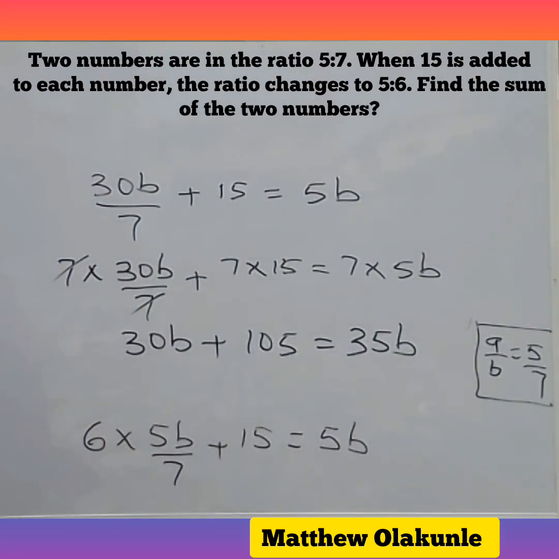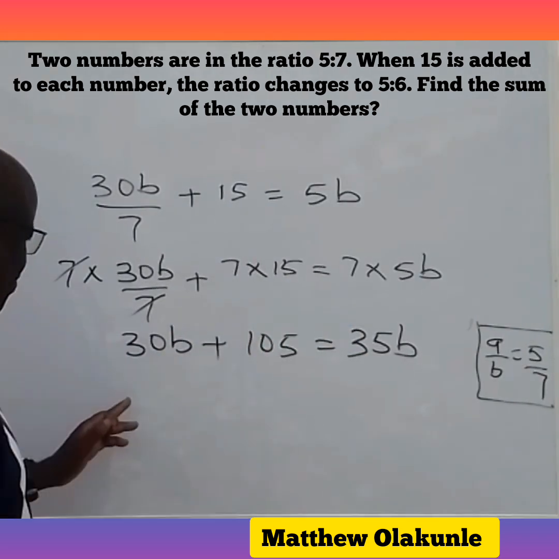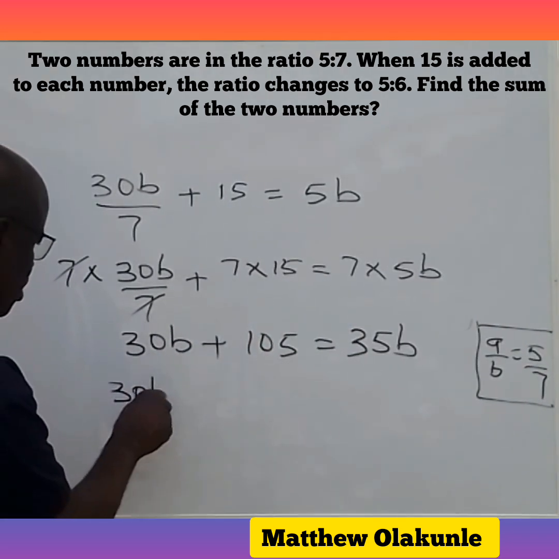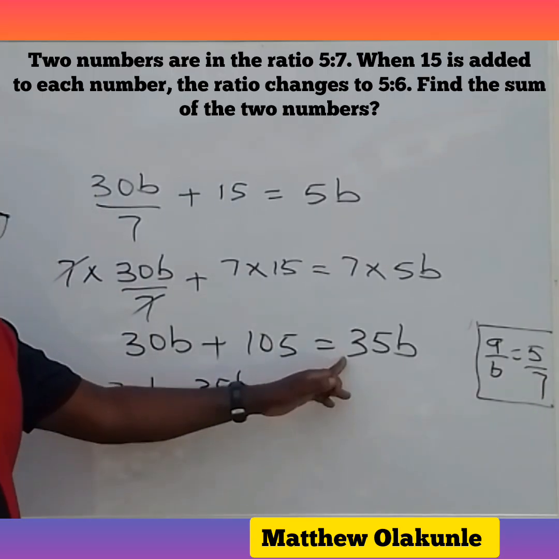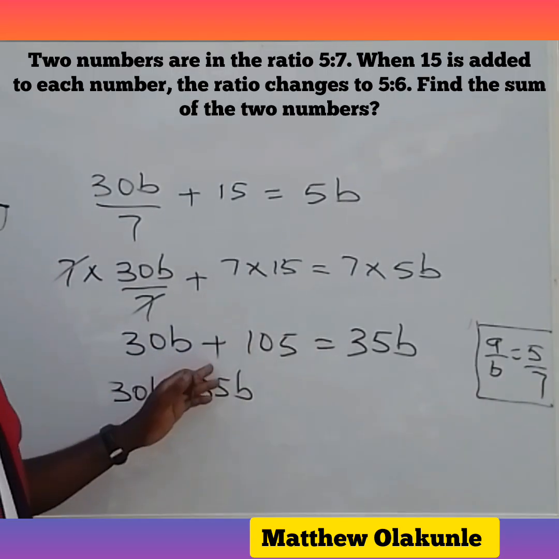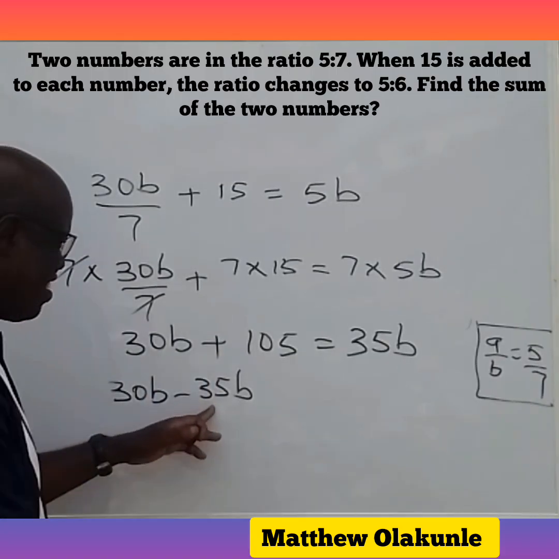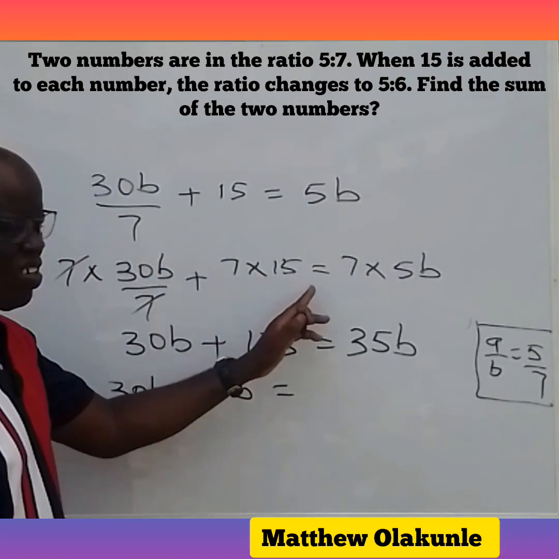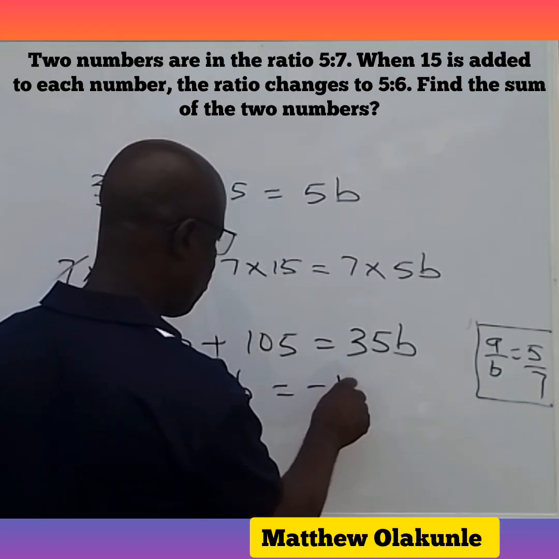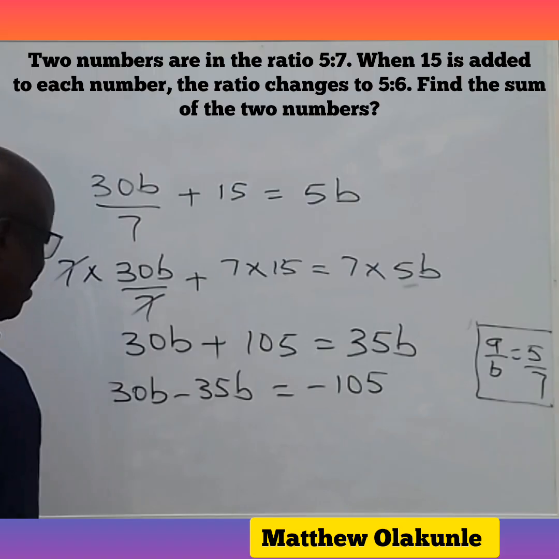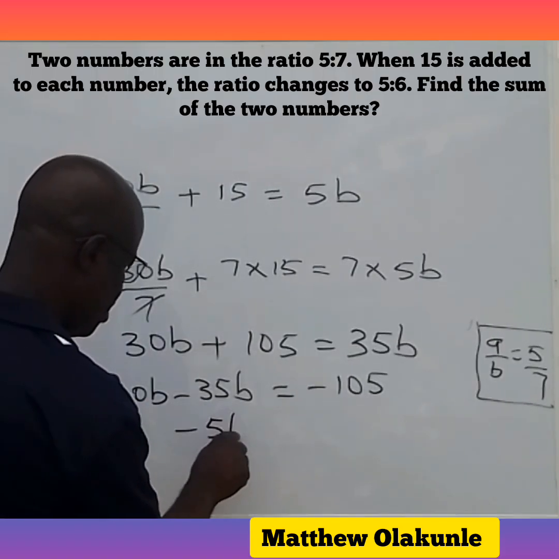Don't forget once again that I'm trying to find what is my B. Let me collect like terms. So that's 30B minus 35B, because this one is brought to the other side of the equation, it becomes minus 35B, is equal to, this also can go to the other side of the equation, and it will become minus 105. 30B minus 35B is minus 5B.